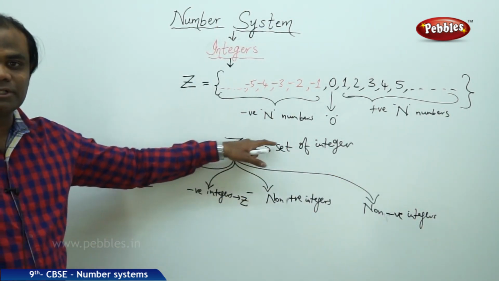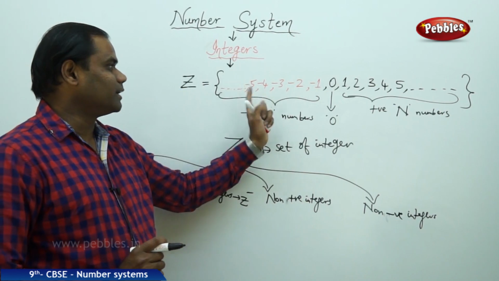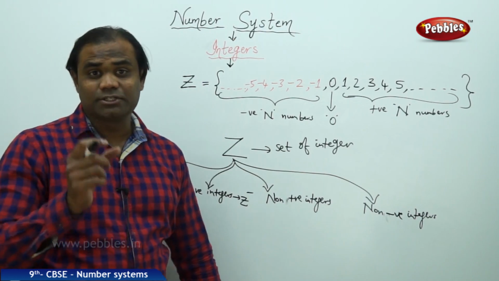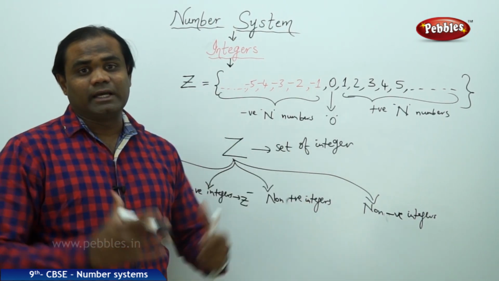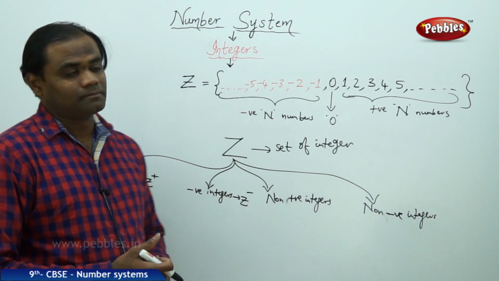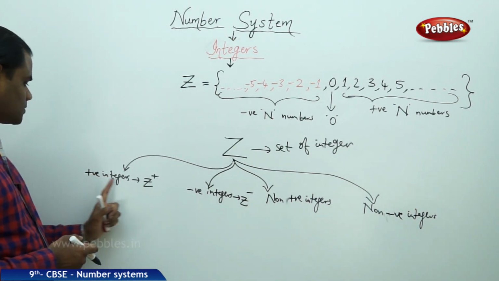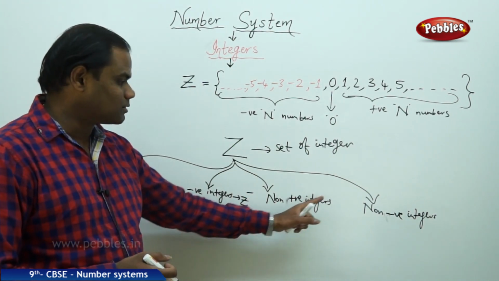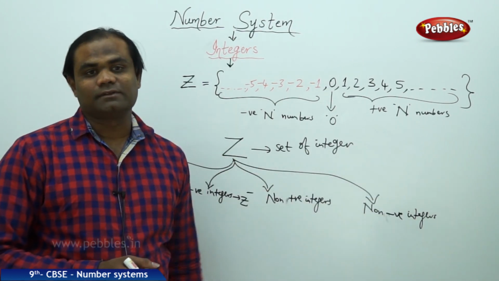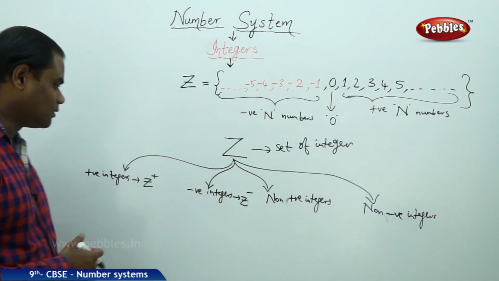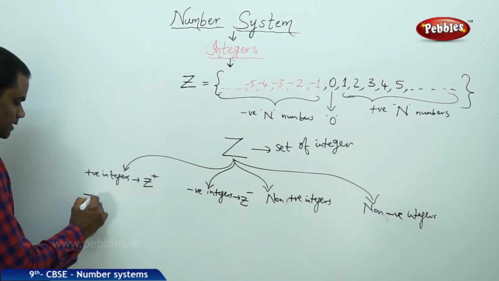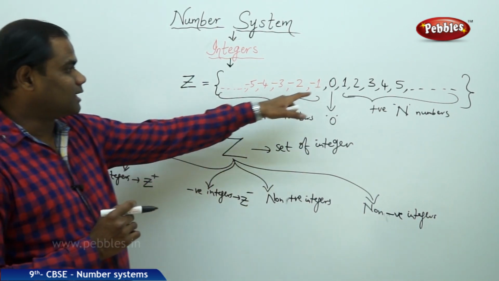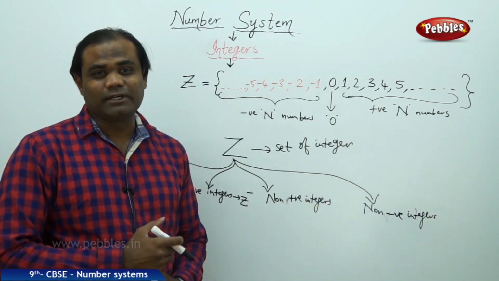So this set of integers denoted by Z, which has both the positive and negative signs and the neutral 0, is classified into 4 types, which is very essential to understand before we understand the entire set of integers Z. So this is classified into positive integers denoted by Z plus, negative integers denoted by Z minus, and non-positive integers and non-negative integers. So let's see what each of them differs with. Z plus, as clearly mentioned for positive integers, states that we pick only the positive part of the integers.